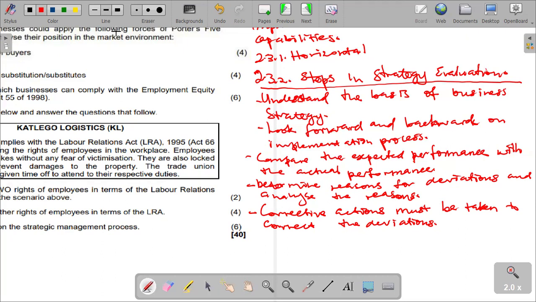We can as well decide on the desired outcome that will result in the achievement of the business goals. The business goals that need to be achieved must be decided upon, along with the desired outcome, and eventually we consider the impact of the strategic implementation on the internal and external environment of the business.